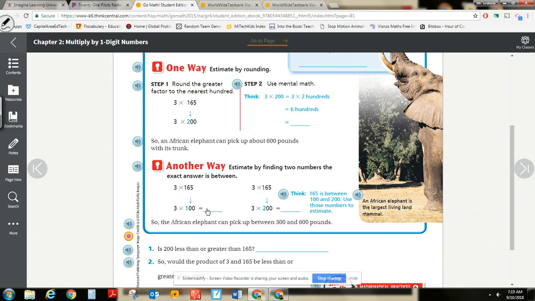So 3 times 100 is 300, right? Because 3 times 1 is 3. And then they did 200 here, so 165 is going to be 100 or it's going to be 200. And 3 times 200 is 600. So any answer in between these would be a good estimate.